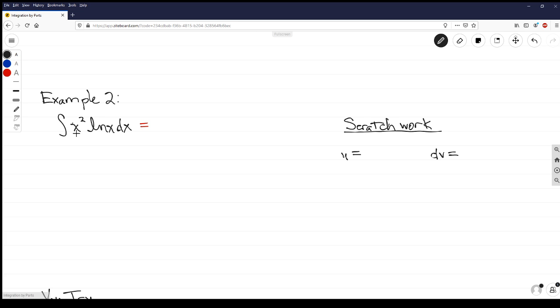In this case, I'm going to call my u x squared. Now, you can try doing it the other way if you want, and say that x squared dx is your dv part. That's legal. Well, let's actually try that.